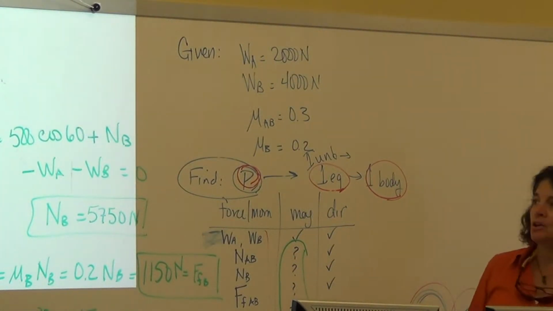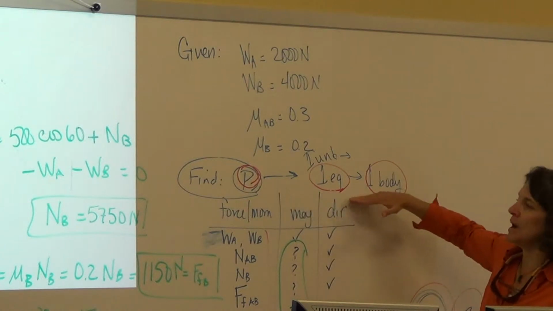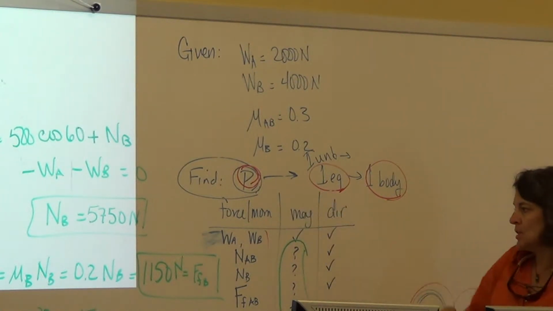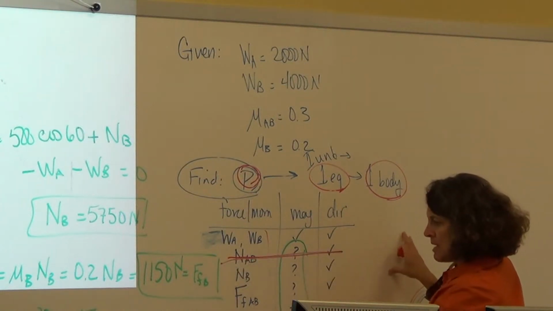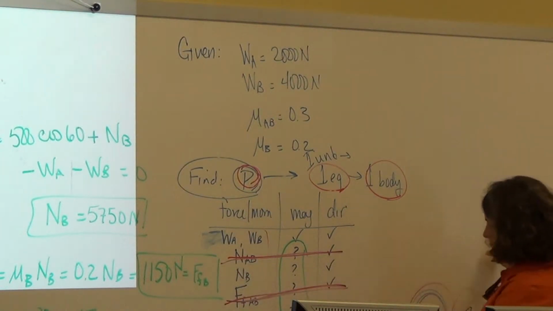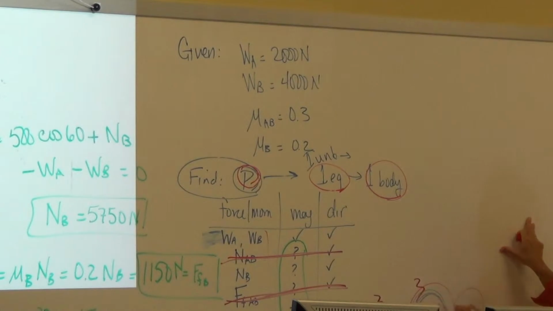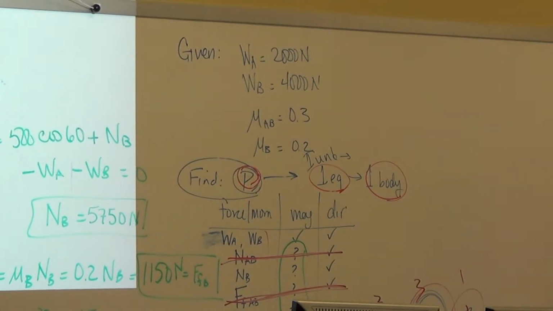But let's say at this point Eric said, okay, I'm only drawing A and B. So maybe you would have left out this, and maybe you would have left out this. And then you only have 3 unknowns, 3 equations, 1 body. So you could have done that too. So either one would work. But I want you to get comfortable with writing out everything that is present.